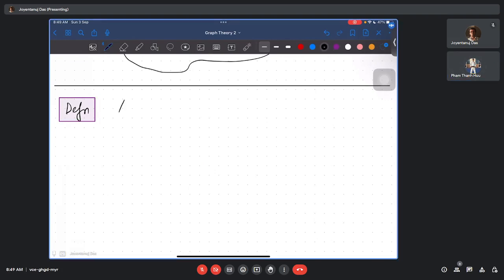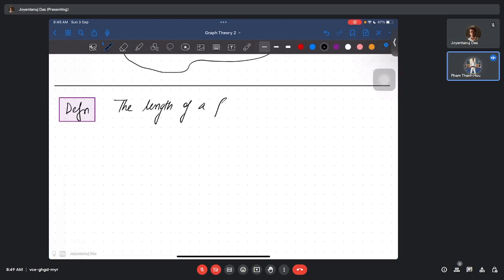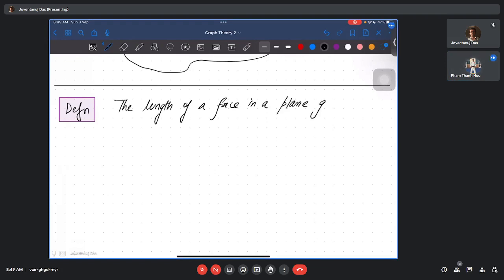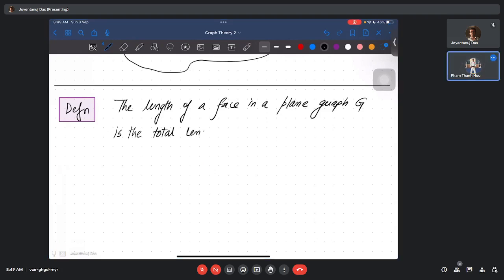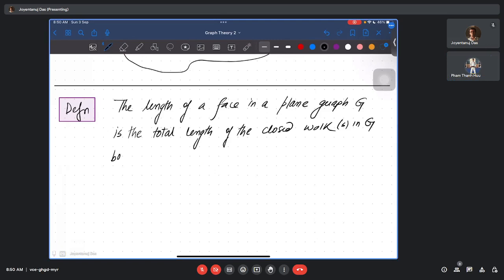So the length of a face in a plane graph G is the total length of the closed walks in G bounding the face.